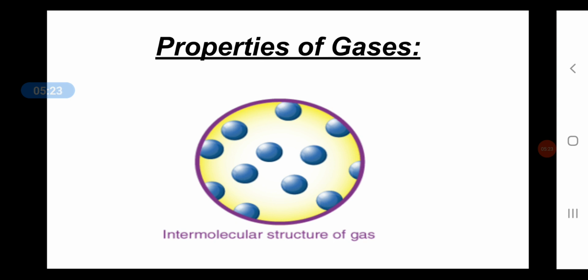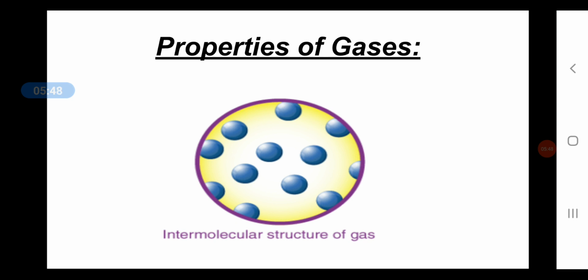Now, gases can also flow. That is the reason you are able to smell the perfume from one room to the other room. Gases are not at all rigid and they can diffuse into each other. There are no such free surfaces in the gases.